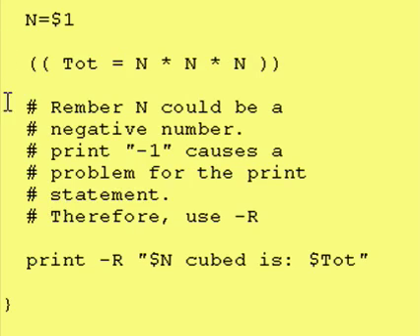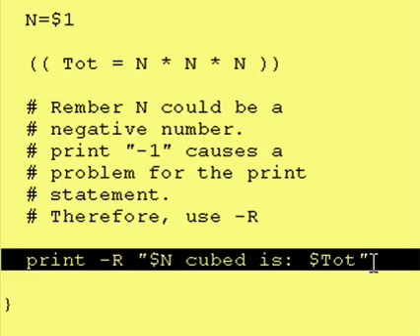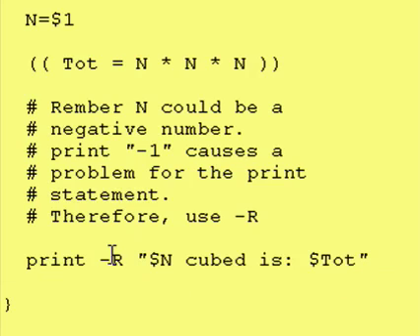And after we cube it, we end up putting out a print statement right here. And the reason why we have the -r in front is if $n is a negative number, then the print statement will see print -5, for example, cubed is, and then the total. Well, it will think that the -5 is actually a flag that goes to the print statement.